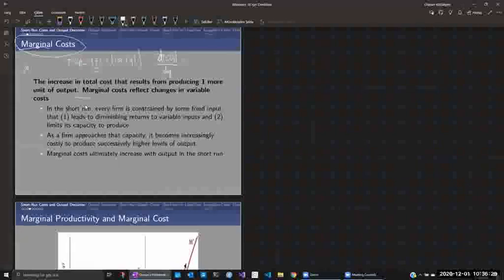So we discussed this in the previous lecture, as you remember. As I increase the amount of labor, the total product of labor for a given level of capital or other factors had the following relationship. Remember, in the beginning the total production would increase with a positive second order derivative.